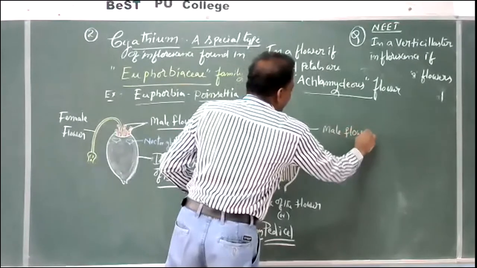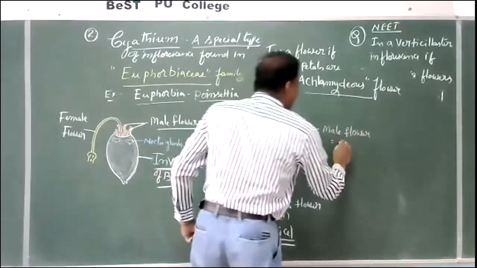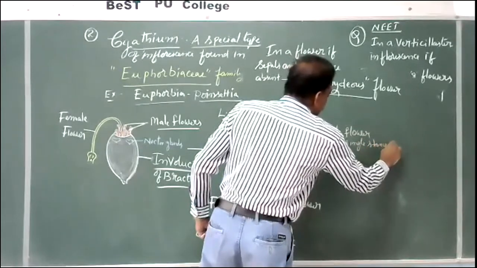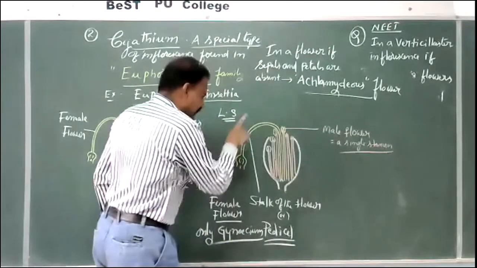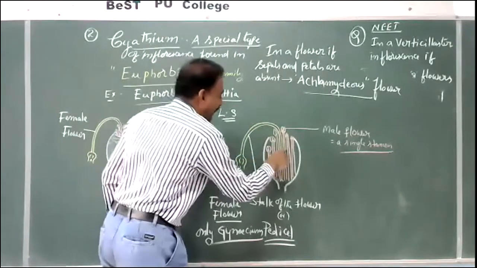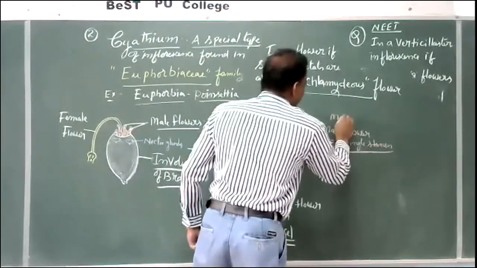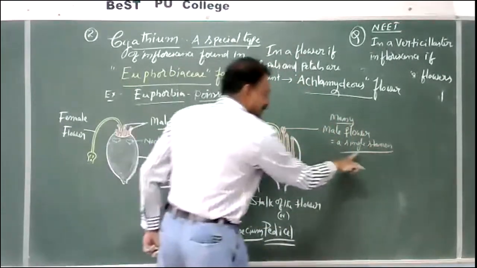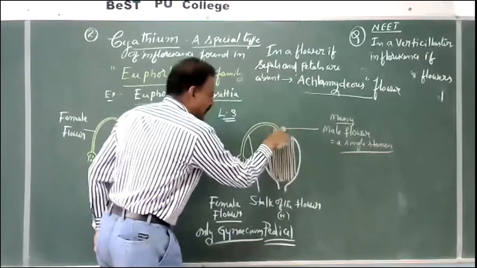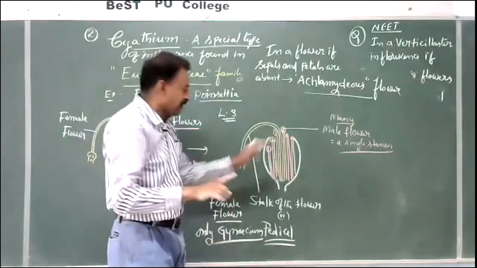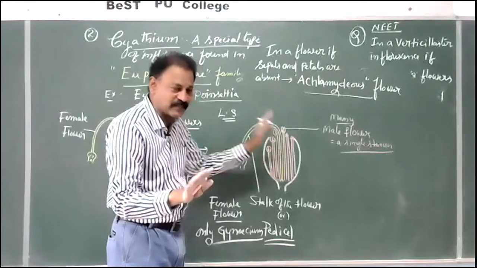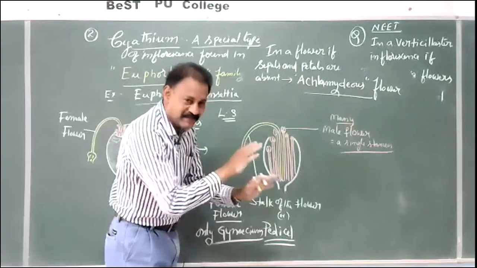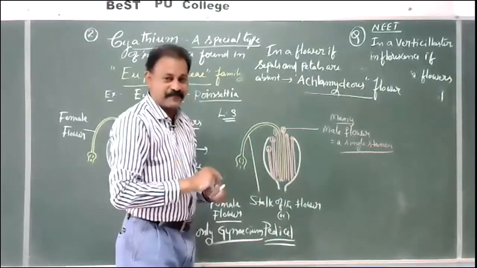Every male flower is represented by a single stamen. So a single female flower, but so many male flowers, and every male flower is represented by a single stamen. It means one stamen is equal to one male flower. It also does not have any calyx and corolla. So both female flowers and male flowers do not have sepals and petals, a special character.